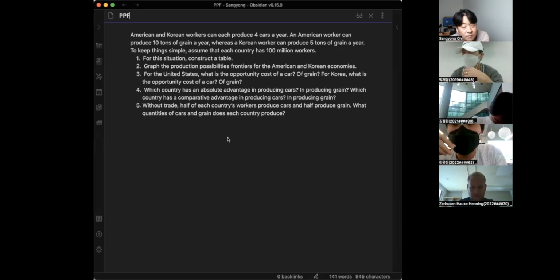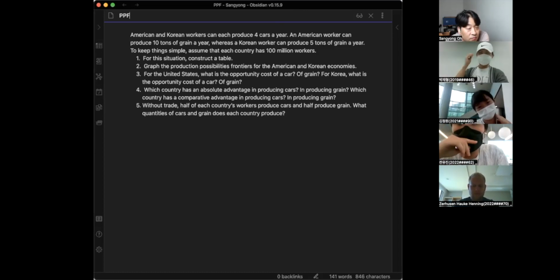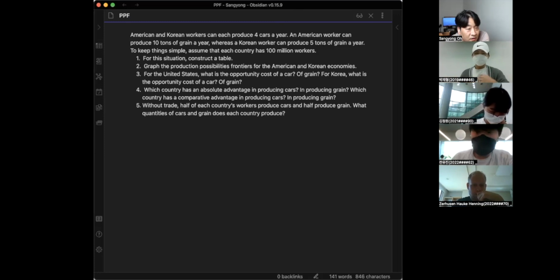Okay. I have some trouble solving this question, it's kind of tricky. Okay, sounds good. I don't want to push you that much, but he answered question number 4: absolute advantage in producing cars goes to America.